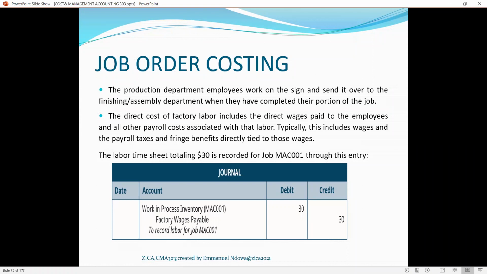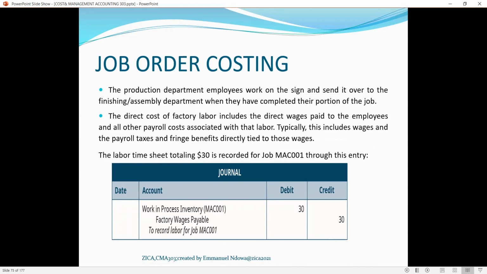So the labor timesheet totaling $30 is recorded into job MAC through this entry. So you can actually see that the total amount of the labor that is going to be employed in order to come up with that billboard, that is $30. It is emanating from the wages payable.